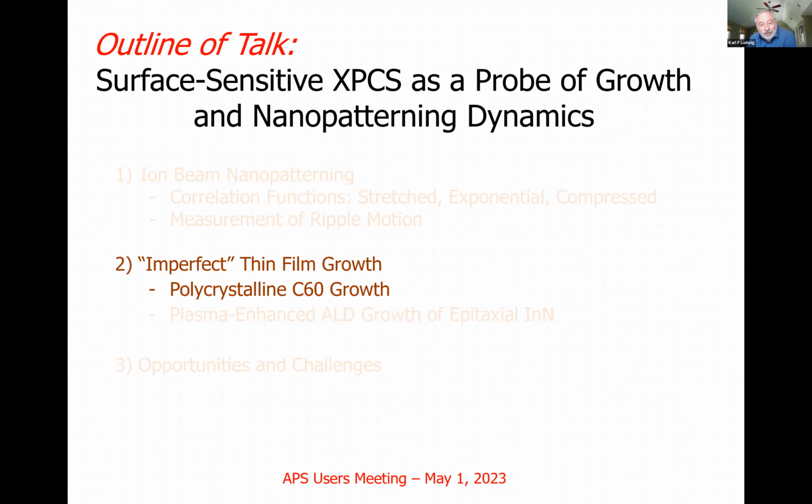Next, I quickly wanted to move on and talk about studies of thin film growth. A couple of the studies we've been involved with. And here, what I want to say when we talk about imperfect thin film growth is that we all know beautiful studies that we can do with low coherence resolution, looking at very perfect thin film growth, right?